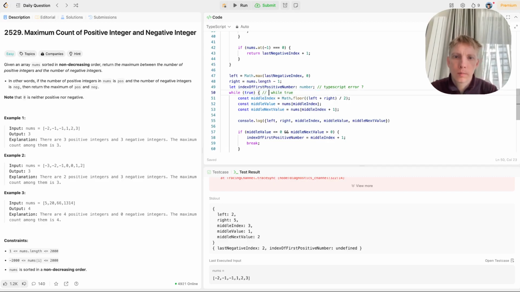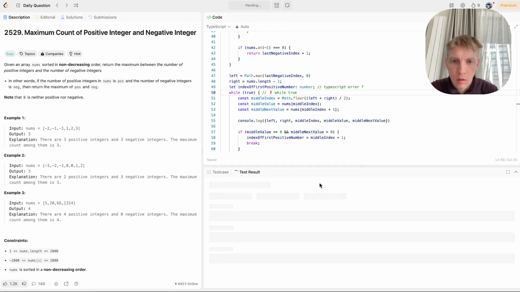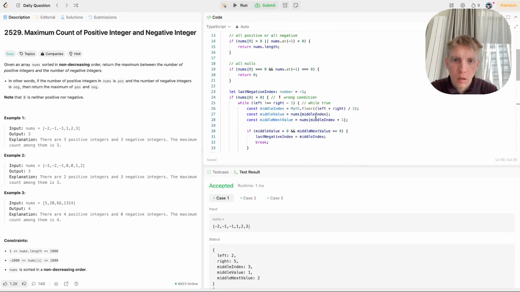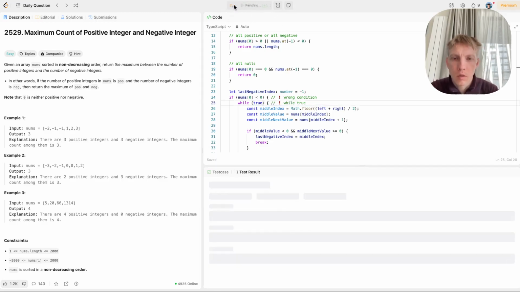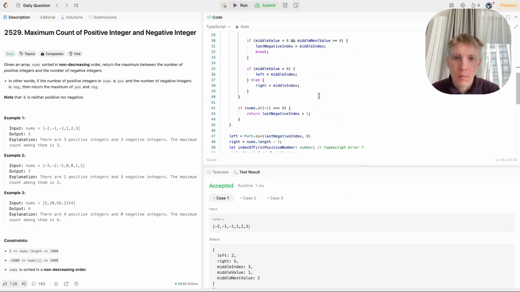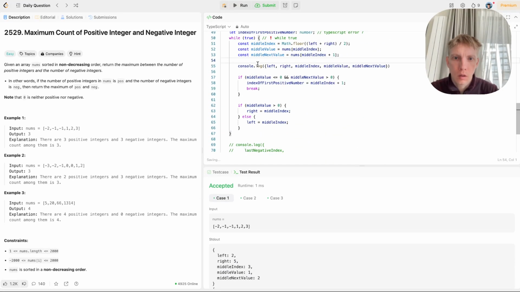While true. Let's just try. Yes, now it works. And I believe that here we also need to change this condition, because the problem is just the same. Okay, let's try to submit it. I will remove all logs.